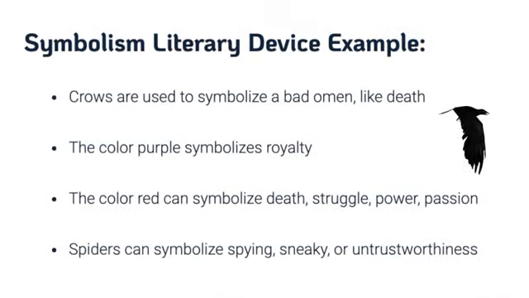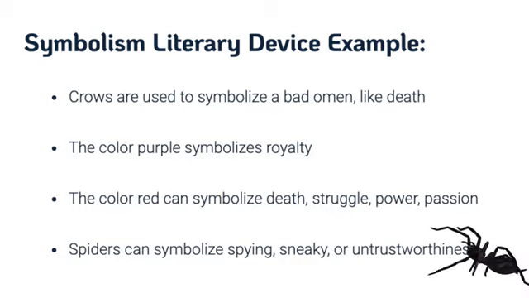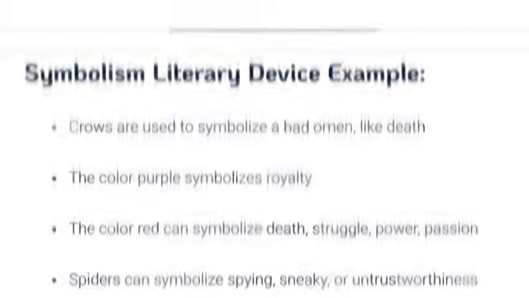So an example of this is crows being used to kind of predict death or tragedy coming, or a storm also predicting something bad, or the color red predicting violence, or even spiders symbolizing something that's sneaky or not quite right. So there's a lot of different things you can use here, and you can create your own symbolism if you are writing a story that's in your own world. Create something that is common knowledge there, like crows are for us here.